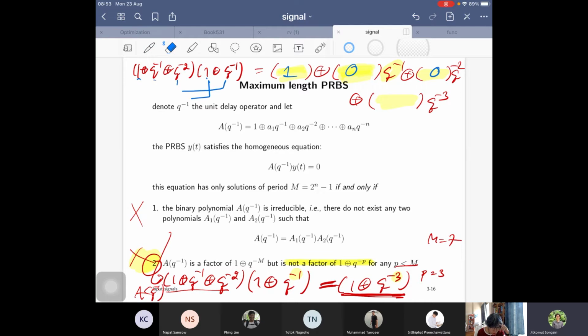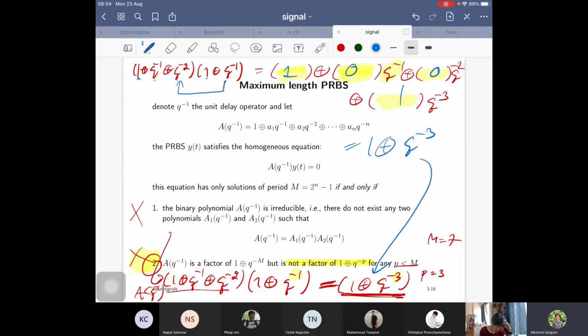Who else? Ping. Q minus 3. The coefficient of Q to the minus 3 is? We multiply Q minus 2 and Q minus 1, and it falls to 1. So the result is 1 times Q minus 3.